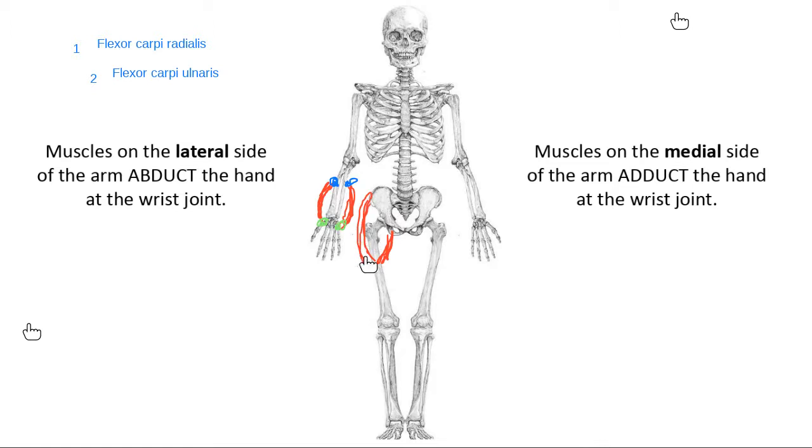If you're on the outside, you're always going to pull things more toward the outside. That's called abduction. If you're on the inside, you're always going to pull things more toward the middle. That's called adduction. So here's a joint where they're doing the same thing, abduction and adduction.